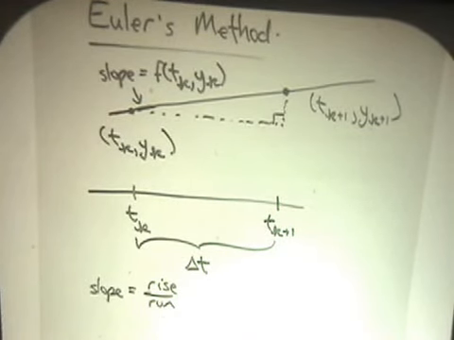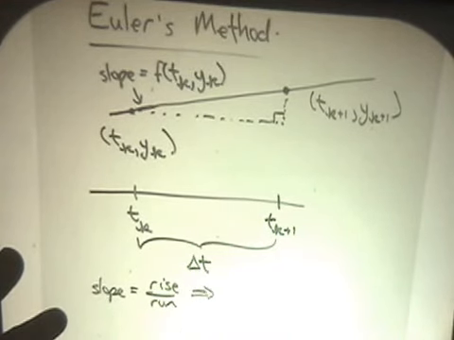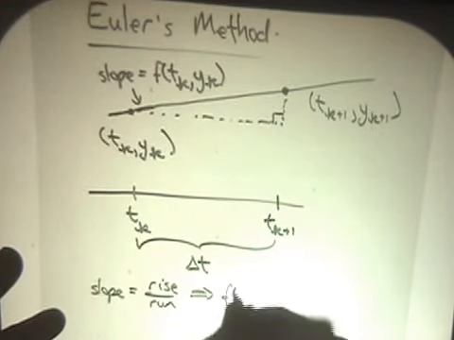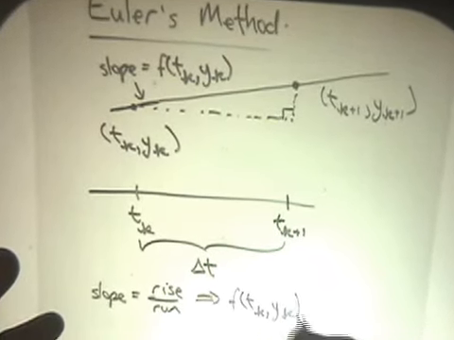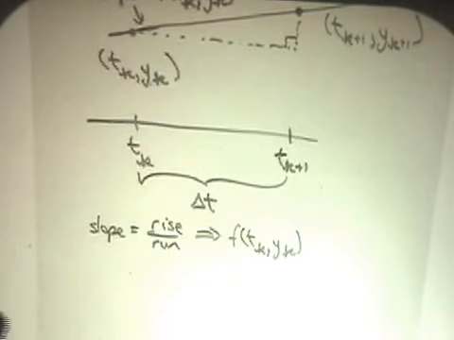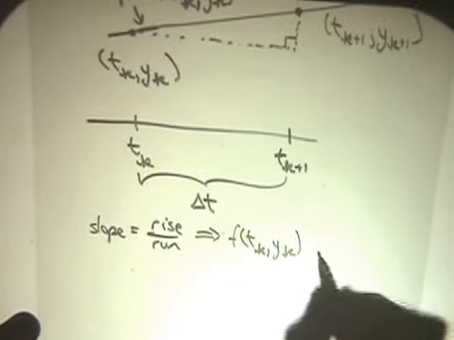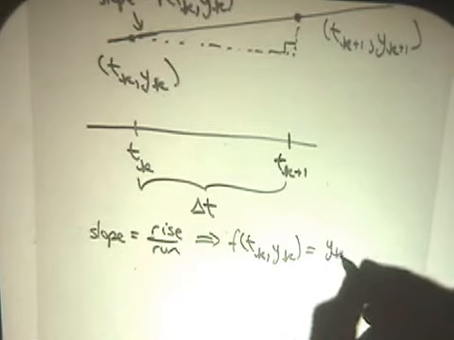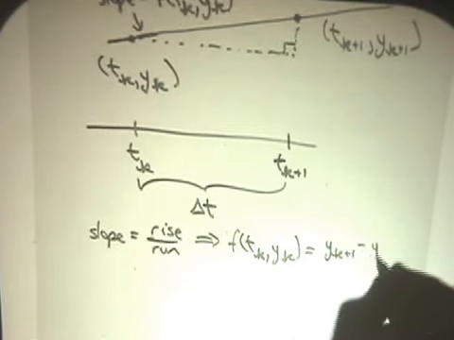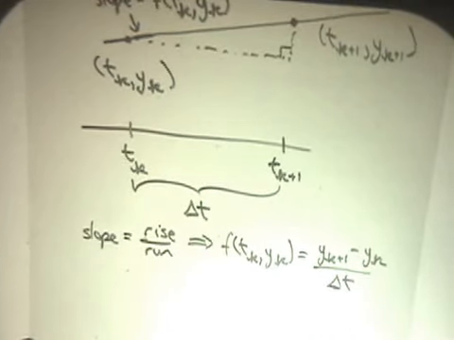So, in terms of the symbols that I have here, the slope is given by f of t sub k comma y sub k, the output of the function on the right-hand side at the given point. The rise, well, we don't know the rise, but we can write it in terms of the symbols that we have here. It's the difference, y sub k plus 1 minus y sub k, and the run is delta t.